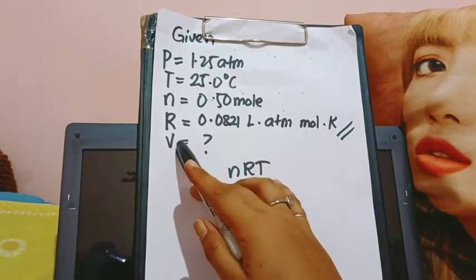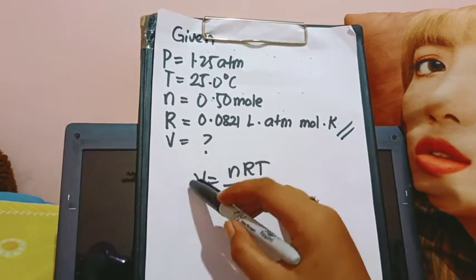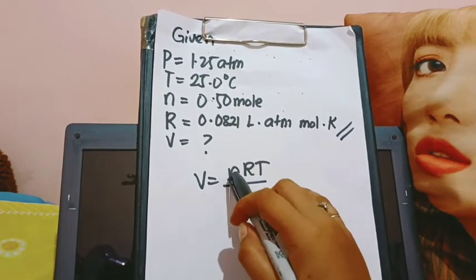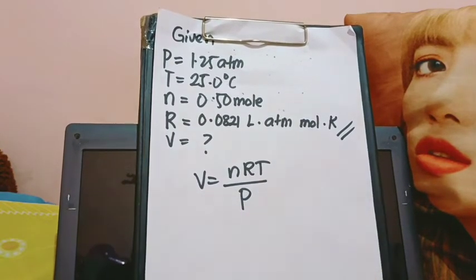We are looking for the volume in this problem, so we will use V is equal to nRT divided by P. So let's try.